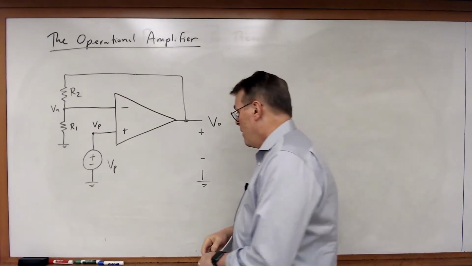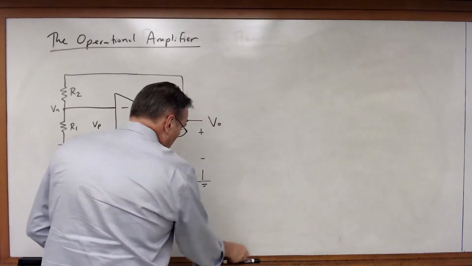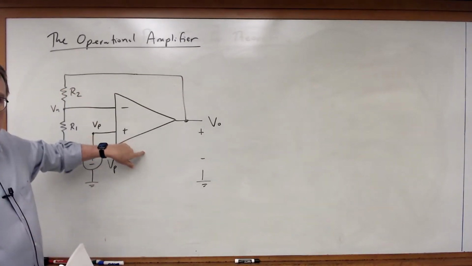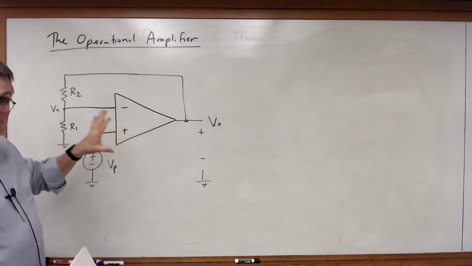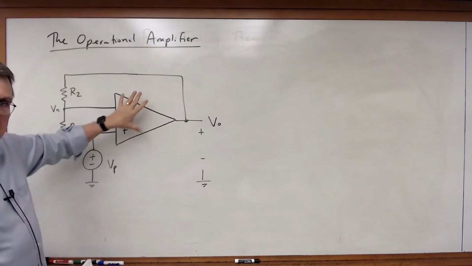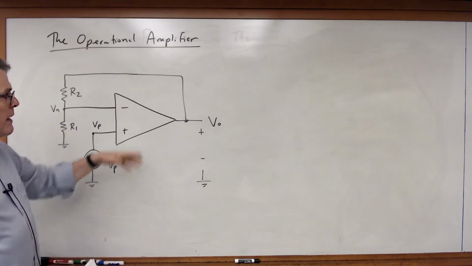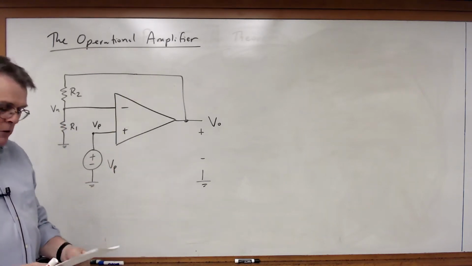First of all, we note, and I've mentioned this before, that the power supply connections are not shown, but they are implied. If this were a real circuit, we would have to have a power supply. But as far as the analysis we're going to do is concerned, it's not necessary to worry about the power supplies.